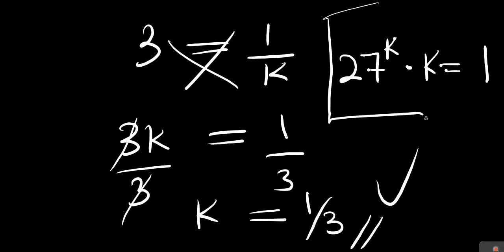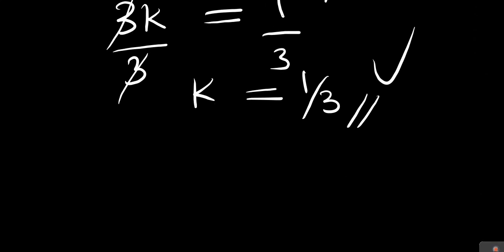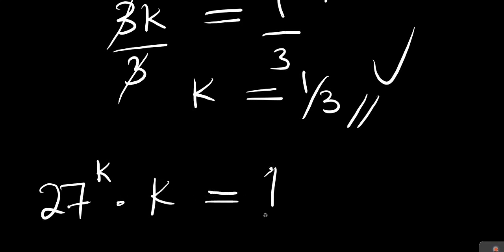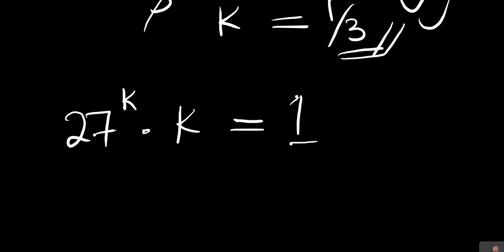Now, can we actually check? Yes, we can check using this value to find out if we are going to have 1. So recall, if we have 27 power k times k equals 1, and we have established that k is equal to 1 over 3, that means we are going to insert 1 over 3 where we have k.